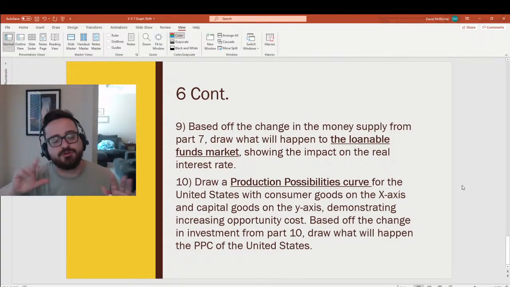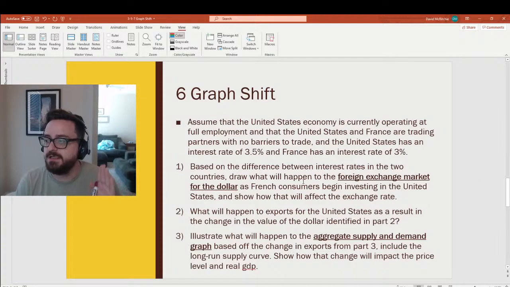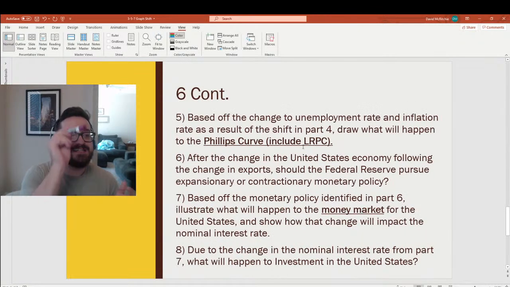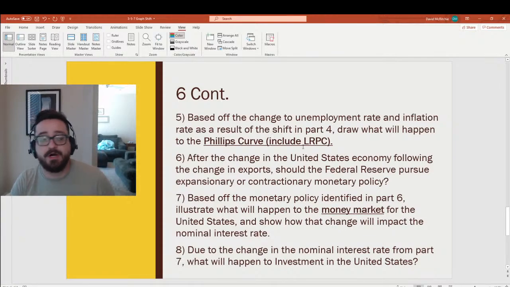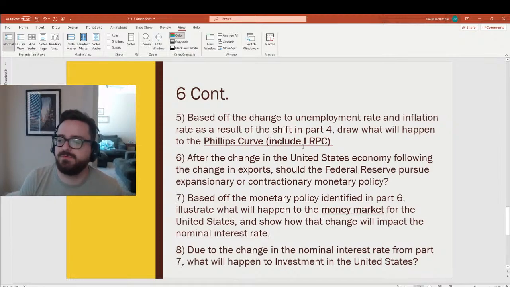Cool. Last graph of the 6-graph shift. So in review, we did increased demand for dollars in the Forex market because people wanted to invest more in the United States. We had decreased aggregate demand because if your currency is worth more, net exports will start to fall. We had a move down along to the right on the Phillips curve because lower aggregate demand gets you higher unemployment and lower inflation rate.